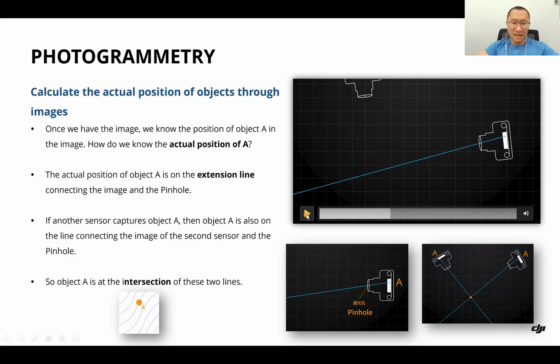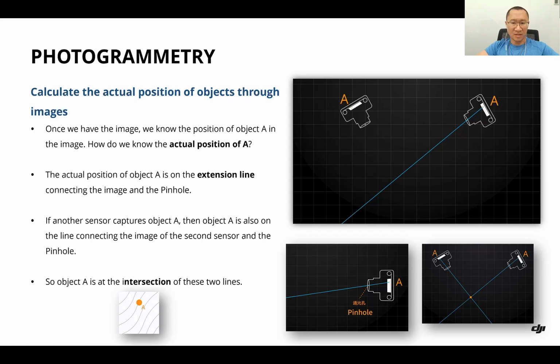If there's another sensor that also captures object A, then object A is also on the line connecting the image of the second sensor and the pinhole. So we will know object A is at the intersection of these two lines.